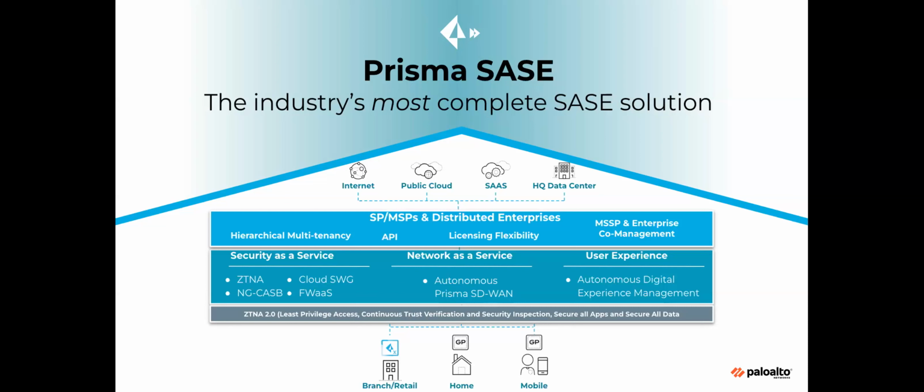This entire stack is powered by ZTNA 2.0, adhering to five foundational security tenets: least privilege access, continuous trust verification and security inspection, secure all apps, and secure all data. These principles guide the flow of data through our platform.